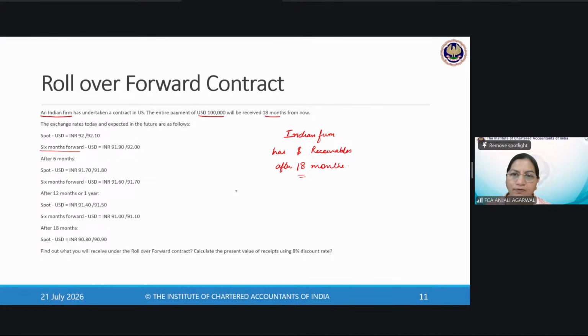So this is the entire period, breaking down into 6 months, 12 months, and finally 18. Okay. Now what will you do? At this period, you will enter a forward contract.